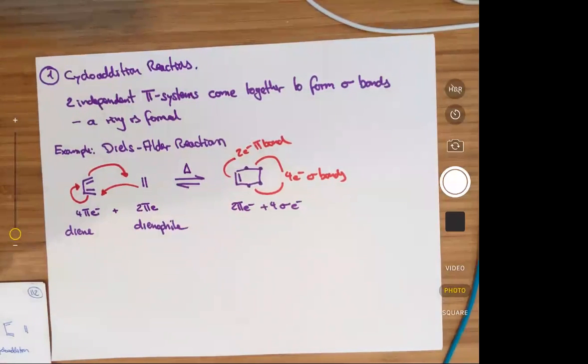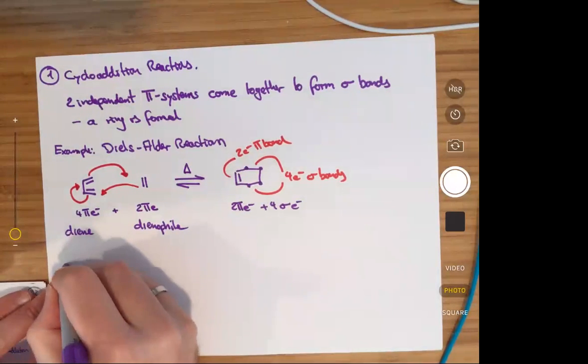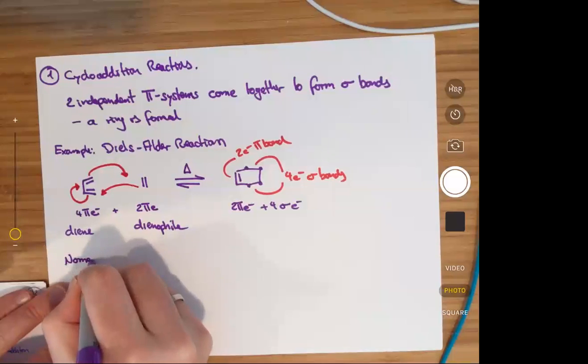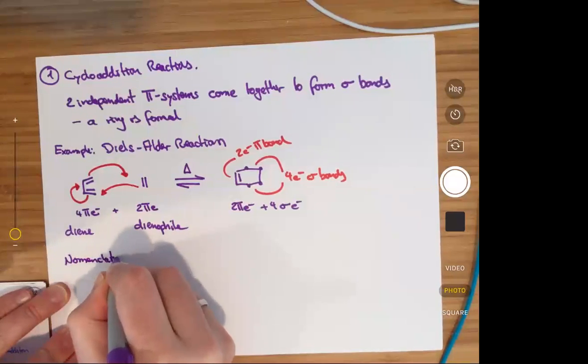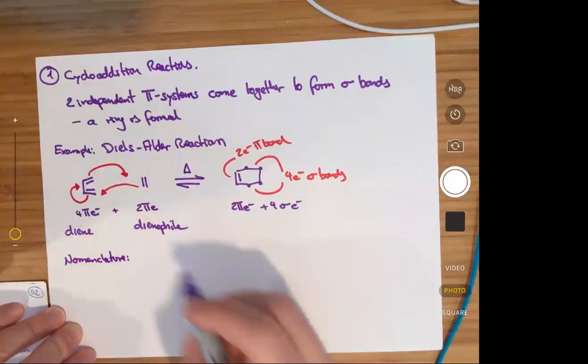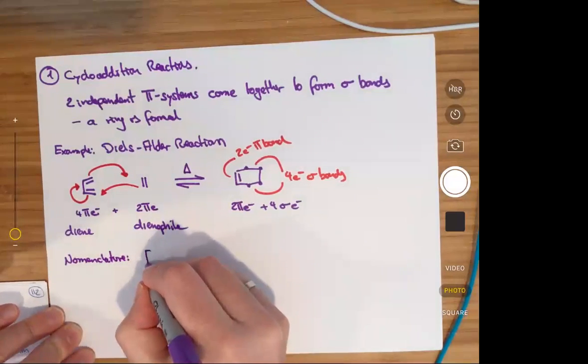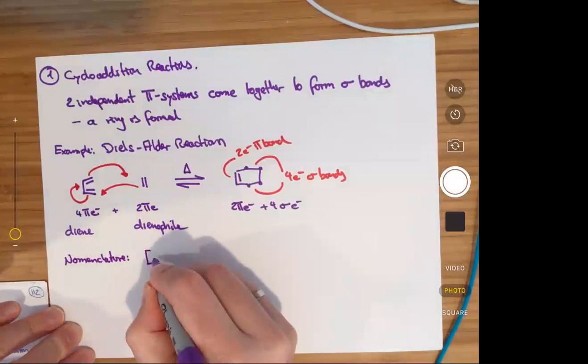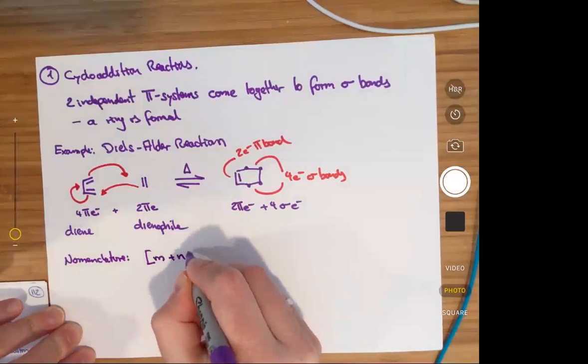Now, there is a way to classify these reactions based on how many electrons are involved in the system. And we just want to go a little bit over the nomenclature of these cycloaddition reactions. They're usually classified by a bracket that contains 2 numbers. Let's say m plus n.